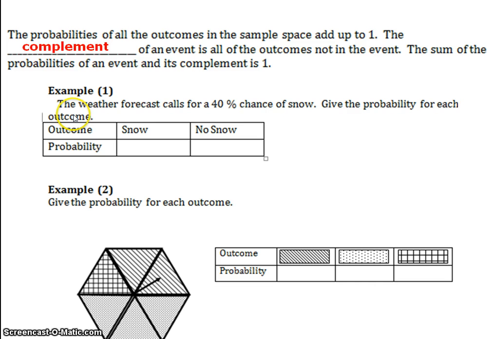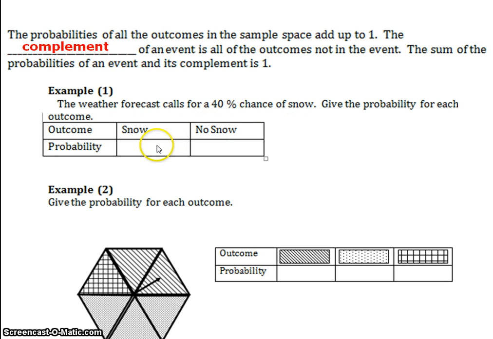The weather forecast calls for a 40% chance of snow. Give the probability for each outcome. You only have two options: snow and no snow. The probability of snow we're going to write here, and the probability of no snow is going to be written here. Now let's go back up here.